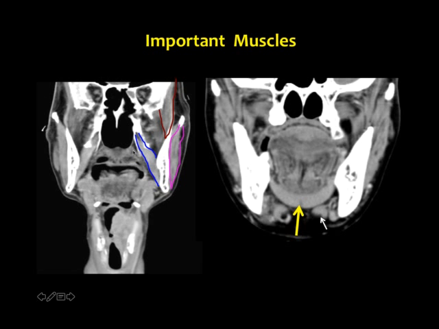So this is the medial pterygoid muscle, which is more vertical. The medial pterygoid is between the two pterygoid plates, taking origin from the medial pterygoid plate, more vertically placed, will attach to the body of the mandible, going inferiorly.